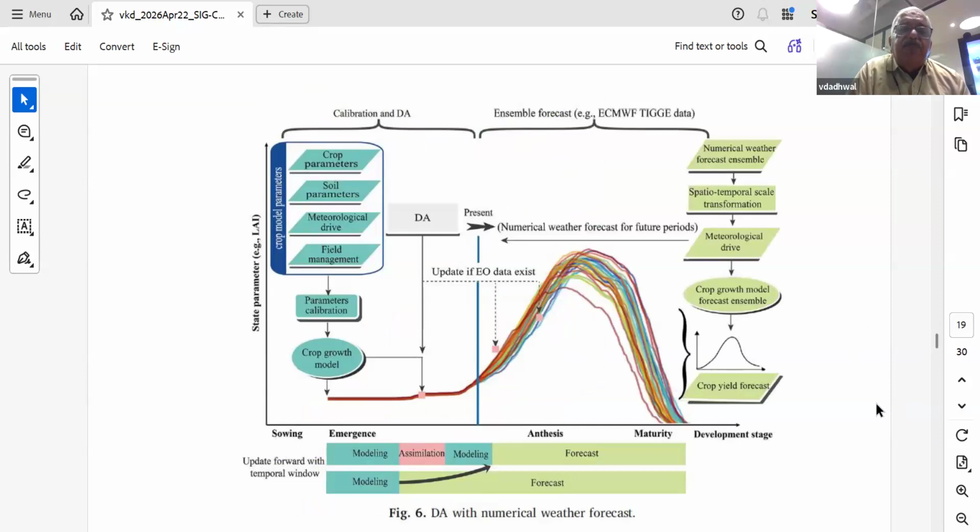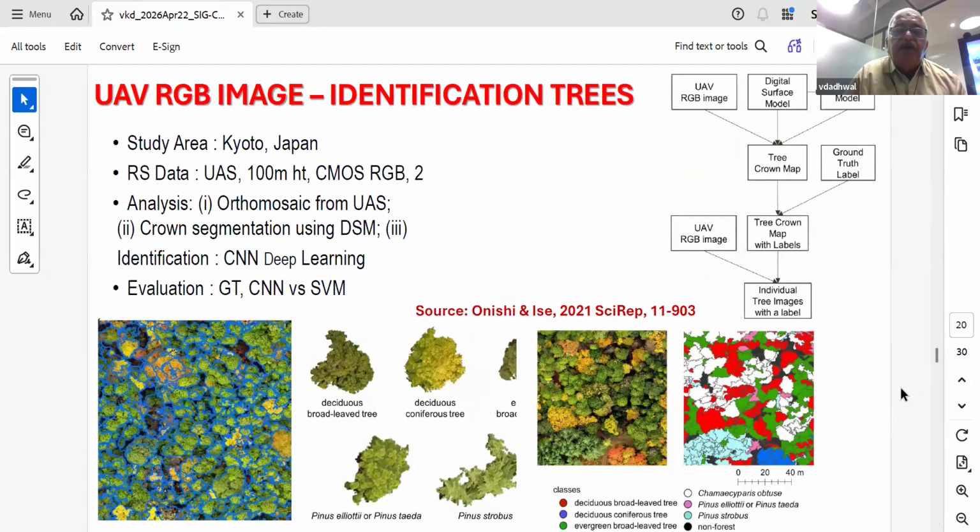This is a conceptual diagram where the modeling, through LAI and updating the LAI from satellite data, computes the dry matter and then partitions it into this process. This has been done hundreds of times.